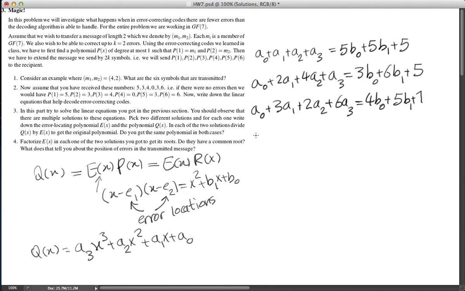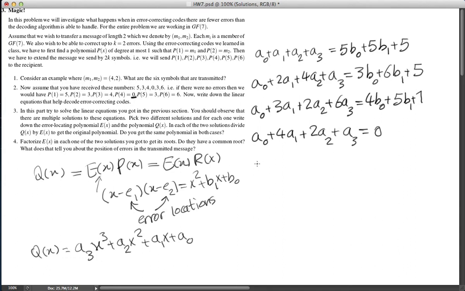For the fourth point, we get a0 plus 4a1 plus 2a2 plus a3 equals, this time we have a 0 here, so the right hand side is just 0.